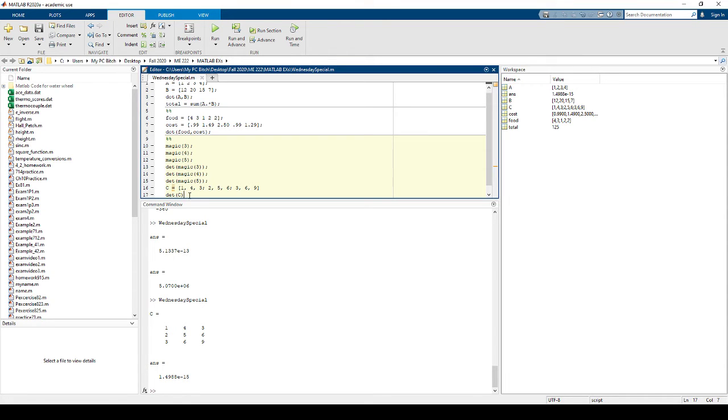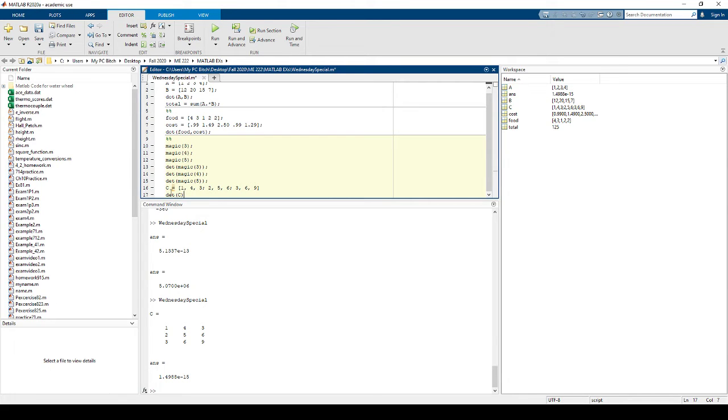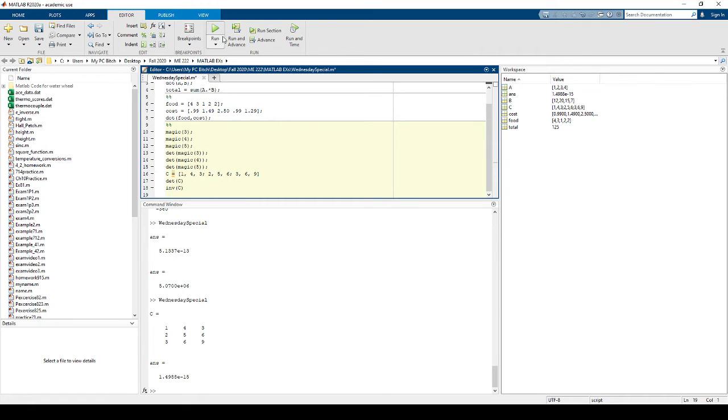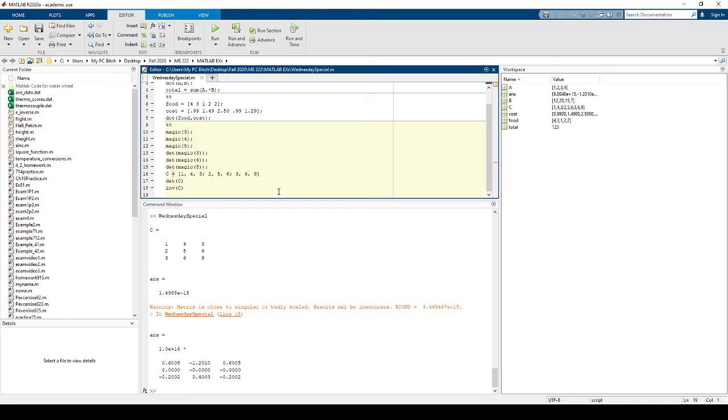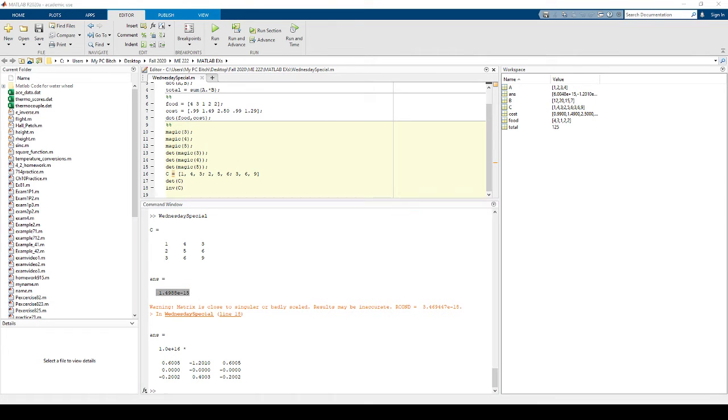So it looks like it is. I'm actually going to do the inverse. So inverse, oh. So I think I know what the question is, more or less, what it's asking. So when we were getting this number right here, essentially it's close to singular, because if you look at our determinant answer here, it's 1.5 times 10 to the negative 15, which is what?